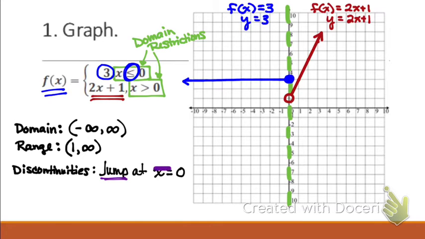If all you were to write is a jump at 0, that doesn't give me enough information. It's x equals 0. When we talk about our discontinuities, you want to tell me where in the domain that is happening. So the x. I'm sorry, you had a question. Could you say jump, comma, x equals 0? Yep, that'd be perfectly fine. Instead of writing at, if you put a comma with the location, that would be fine.